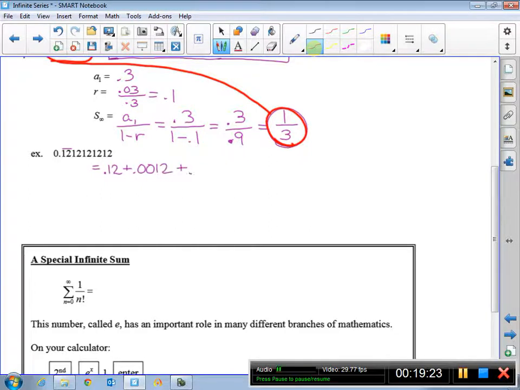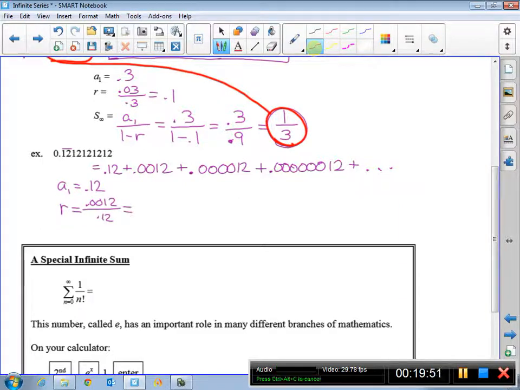Now I have to fill four spaces with 0, 0, 0, 0, 0, 1, 2, etc., and then six spaces, so that it bumps over two spots every time. So let's do our a sub 1 again. The first term is 0.12, 12 hundredths. The r value is, let's take our second term divided by our first term.